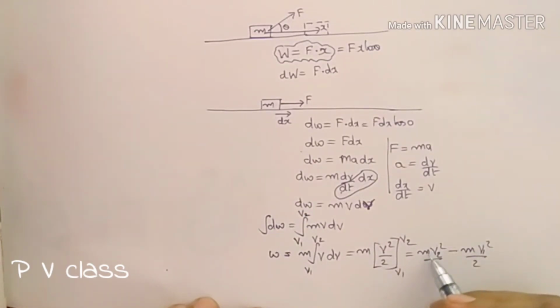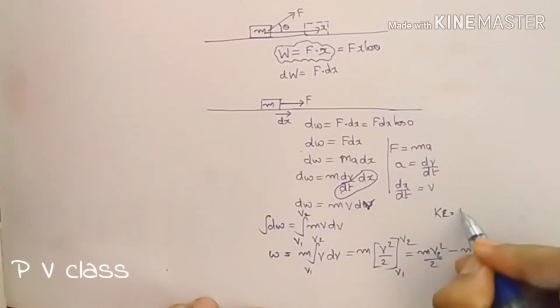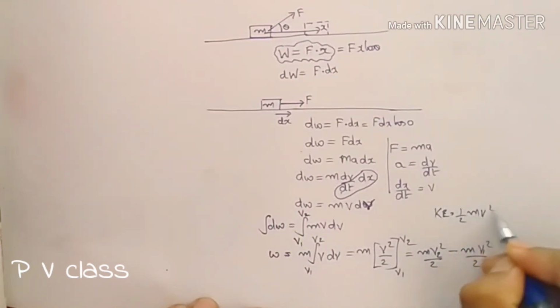What is m v2 square by 2? It is the final kinetic energy. What is m v1 square by 2? It is the initial kinetic energy, since the expression for kinetic energy is half m v square.